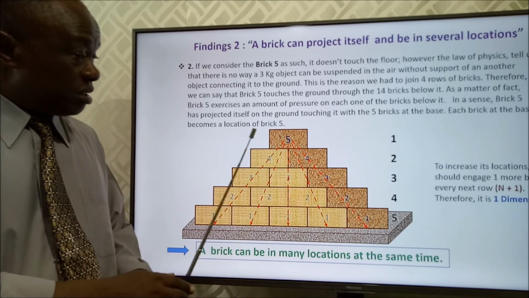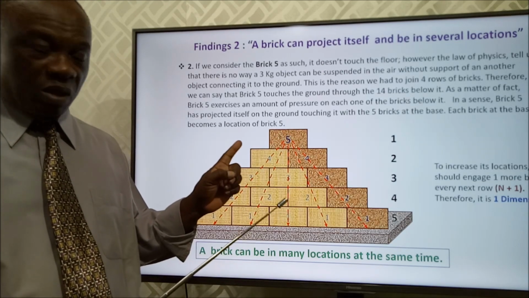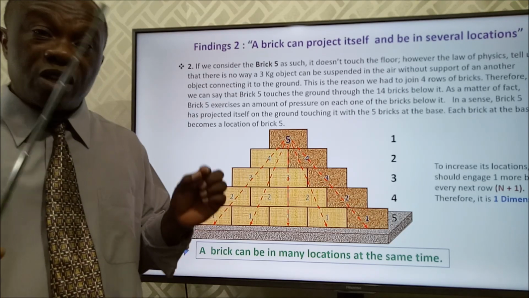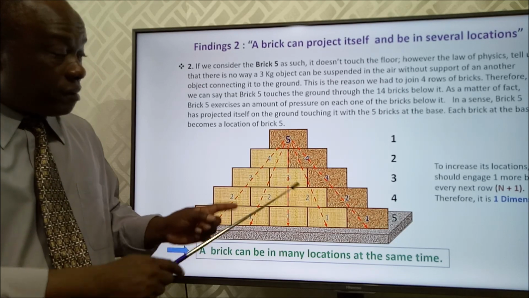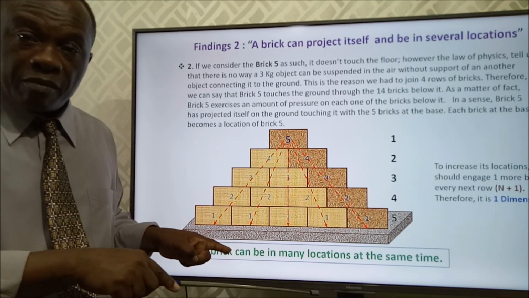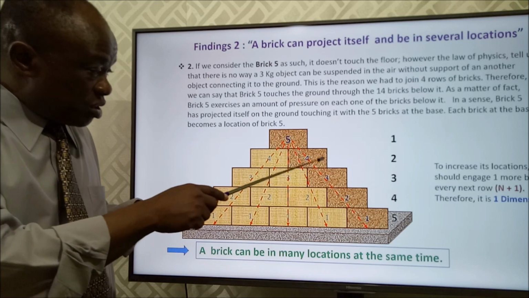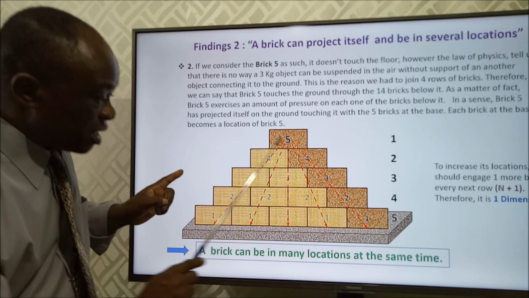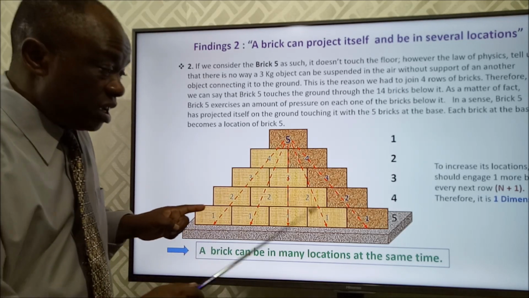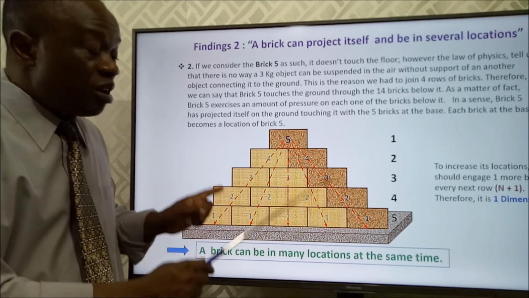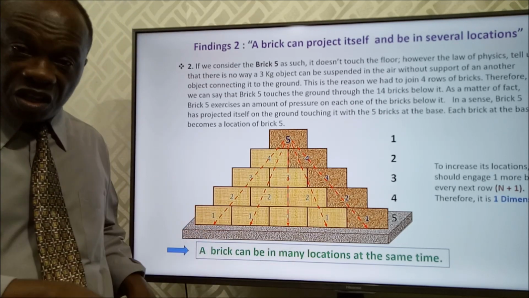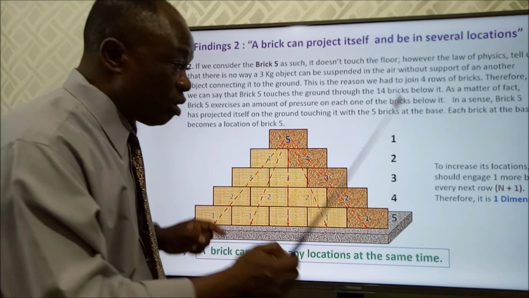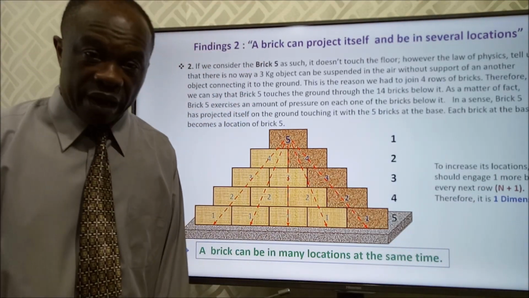And because this brick must be there, must survive, the brick has to find a way to build a stand for itself. It needs first 2 bricks, because that's the law. The 2 bricks will need 3 bricks. 3 bricks will need 4 bricks. And 4 bricks will need 5 bricks until we reach the floor. So the law that works here is the law of n plus 1.